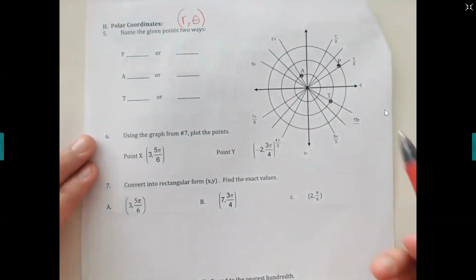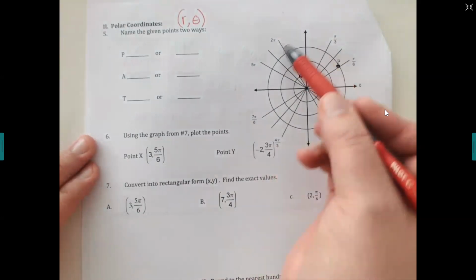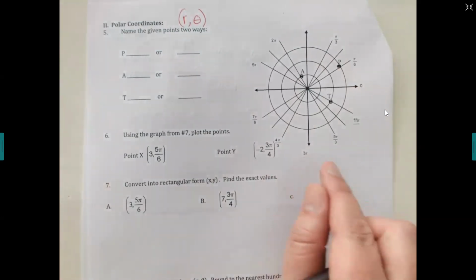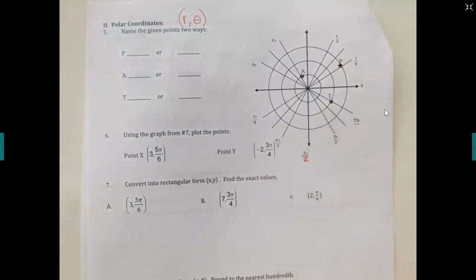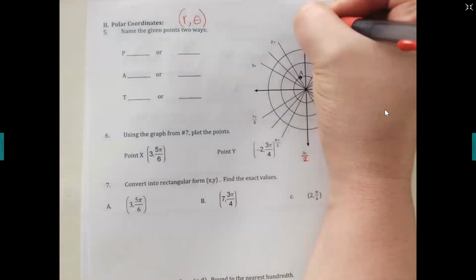So in this case, I see that this is radians. And then I'm noticing now that I'm looking at this, some of these are wrong. So this should be 3 pi halves. This top one is pi halves.